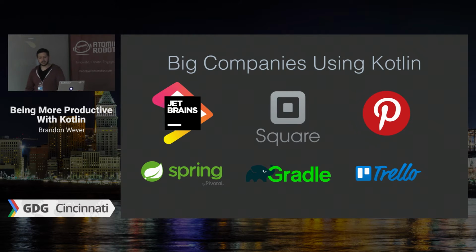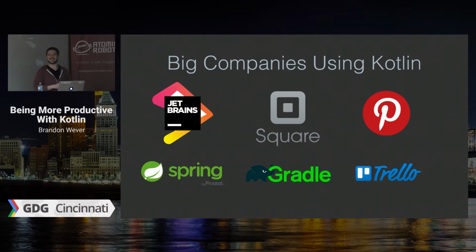I know a lot of you would not adopt Kotlin if you didn't know some big players were using it. So here is a billboard of people that are confirmed to use Kotlin in their projects, either internal apps or production code that's actually out on the App Store. We've got JetBrains, obviously they use it. Square, we didn't know if they were using it or not, so we looked into some decompiled stuff there.